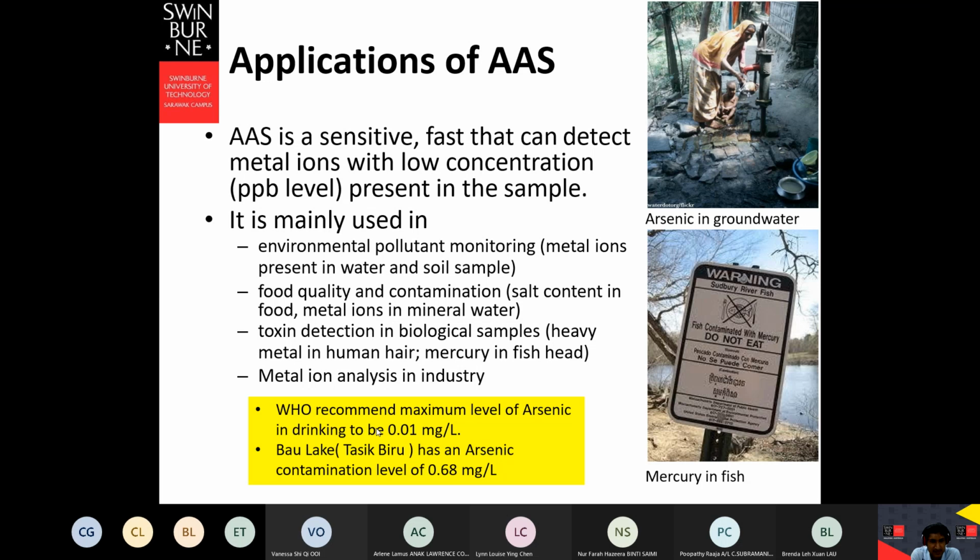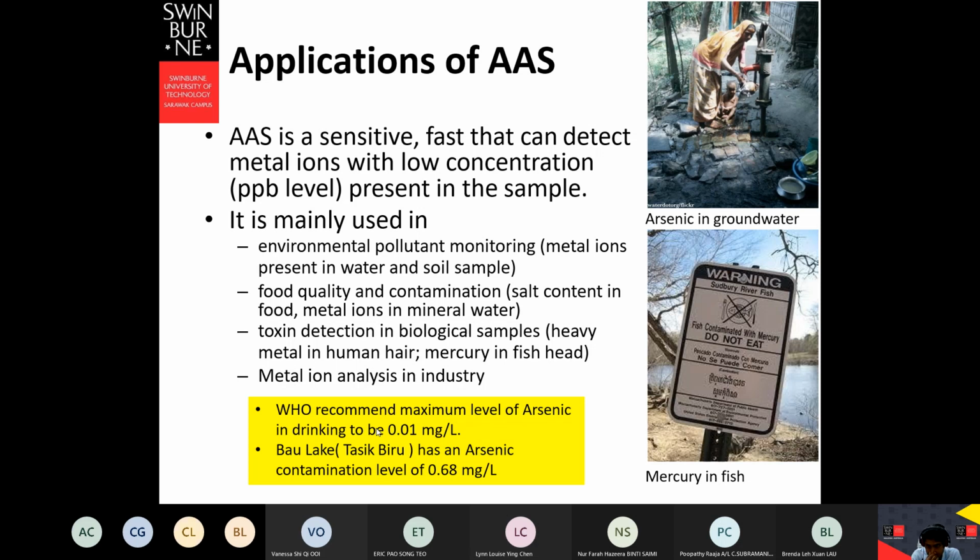So what are some things that we can find with that? Arsenic, nickel, lead, mercury, almost all of these heavy metals. Heavy metals are bad for human health, and they are actually carcinogenic.